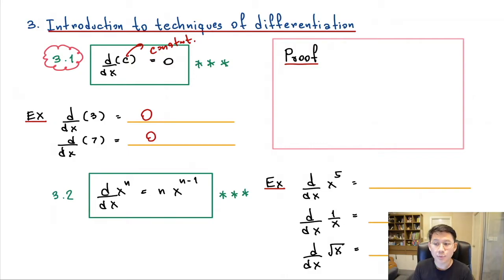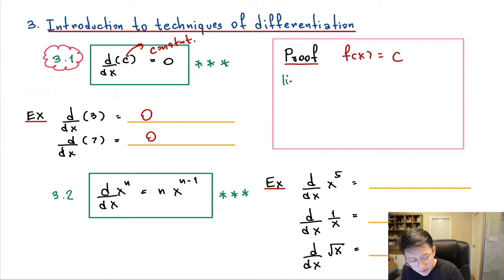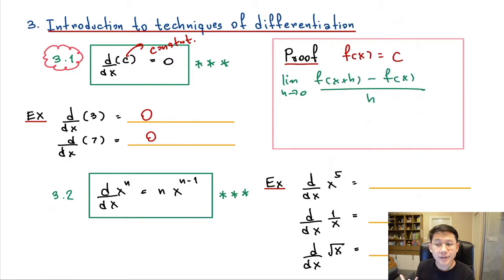The proof is pretty simple. f of x is a constant, right? It's c. So the definition of the derivative is the limit as h approaches 0 of f of x plus h minus f of x, divided by h. But f is always c, right? f of x plus h is c as well.